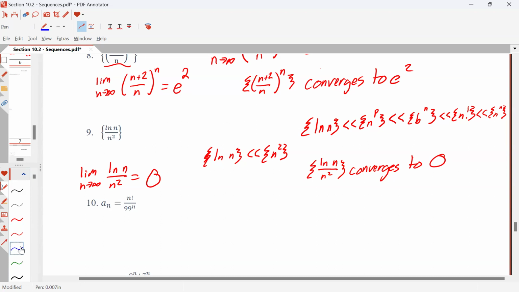Same thing on 10, n factorial is faster than any number to the n. Here is any number to the n, here is n factorial. N factorial grows faster. Doesn't matter that the base is 99.